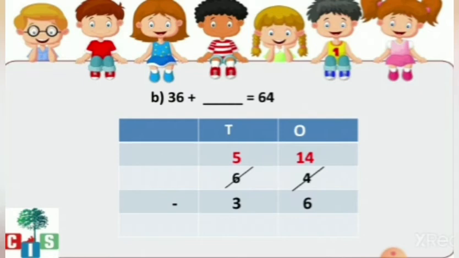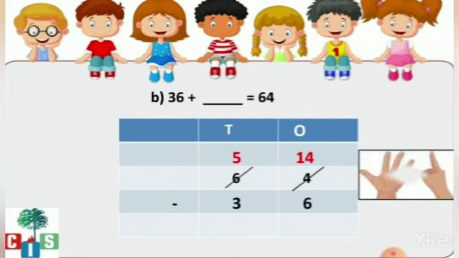So now open your 6 fingers. And now let's start with backward counting. 13, 12, 11, 10, 9, 8. So 14 minus 6, you will get the answer 8. Now let's move to the tens column. The number is 5 minus 3.